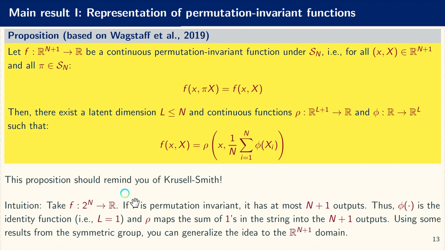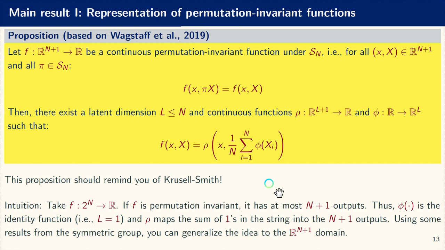Then there exists a latent dimension L less or equal than n, the big dimensionality of the problem, and continuous functions rho from R^(L+1) into R and phi from R into R^L, such that f of x, little x, big X, is equal to rho of little x and then this mean over here that goes over the components of x. So let's think about what phi does.